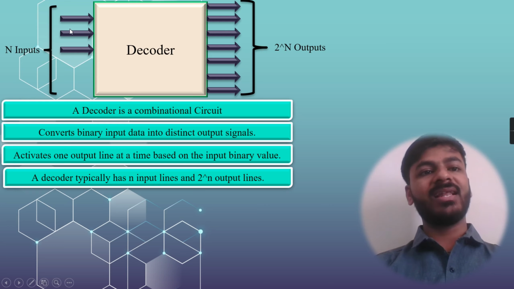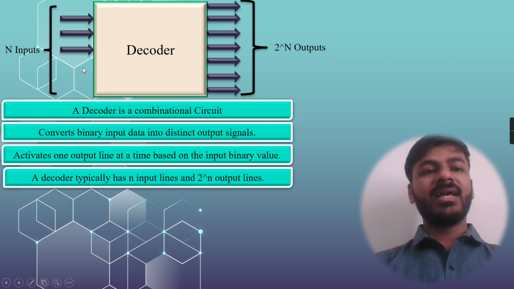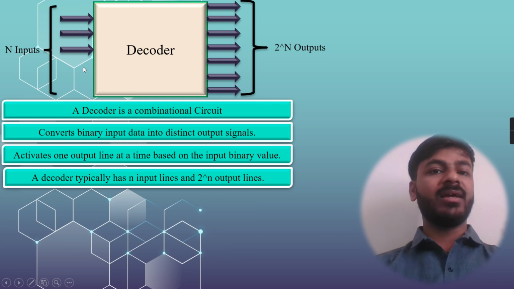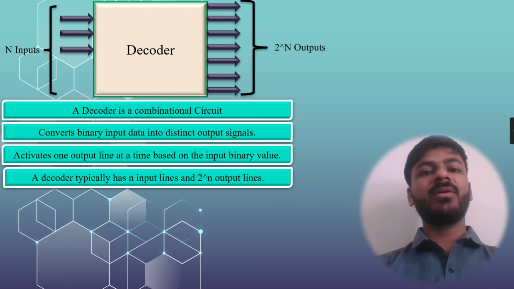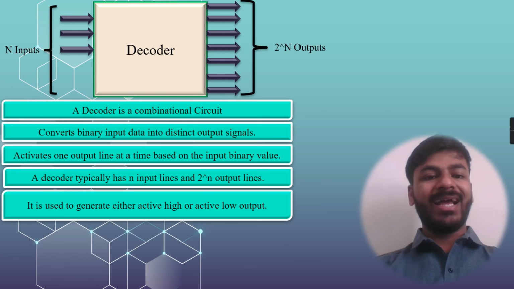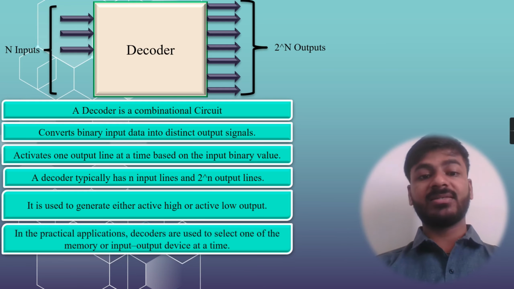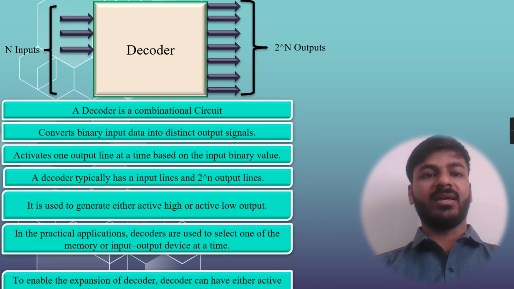Means if the select lines are 2, then outputs will be 4, so that will be a 2:4 decoder. If the select lines are 3, then 2 to the power 3 means 8 outputs, so that will be a 3:8 decoder. It is used to generate either active high or active low output. And in practical applications, decoders are used to select one of the memory or input/output devices at a time.